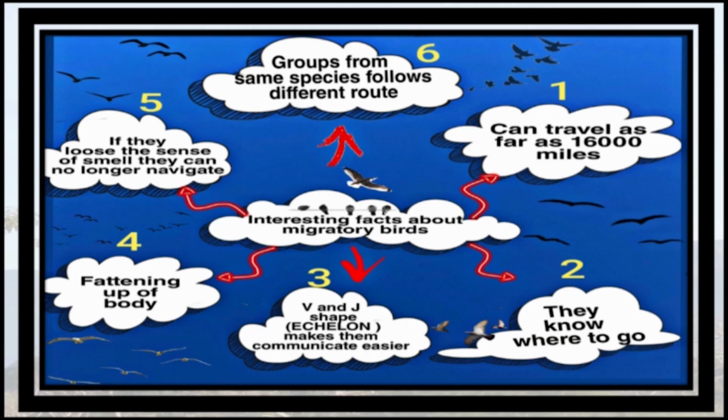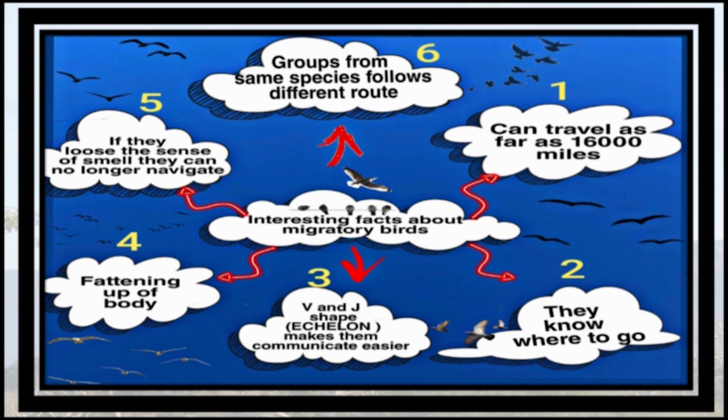Interesting facts about migratory birds. First, they can travel as far as 16,000 miles. To reach their destination in time, some travel at a speed of 30 meters per hour. Birds take up to 533 hours to reach their final destination.